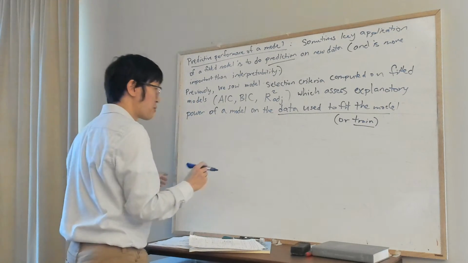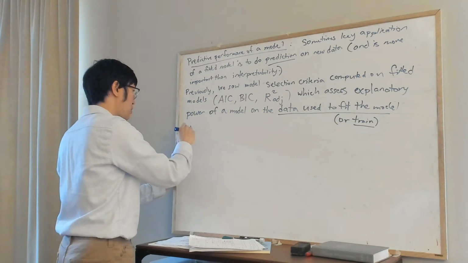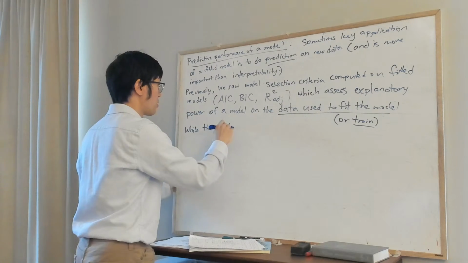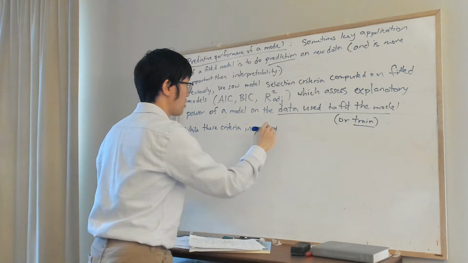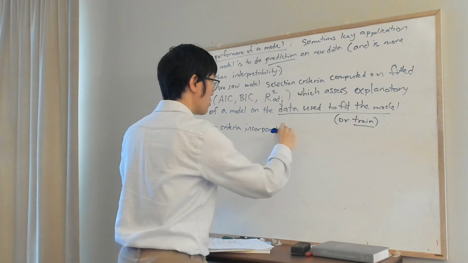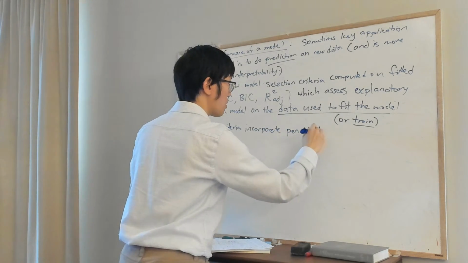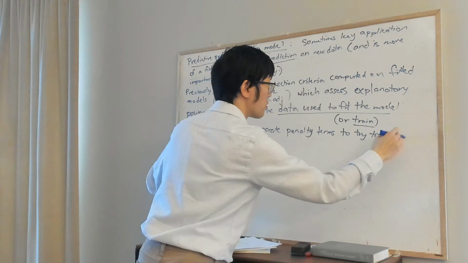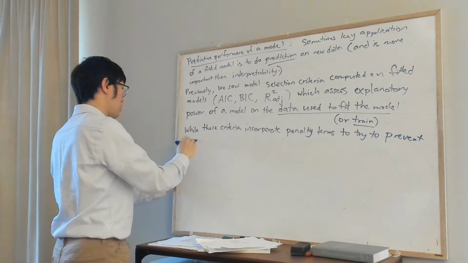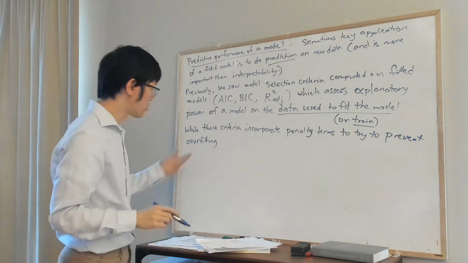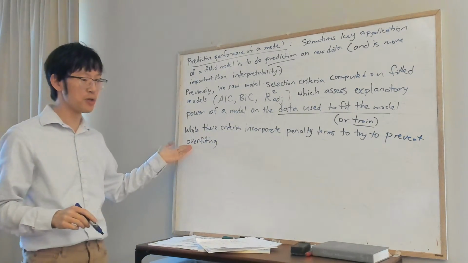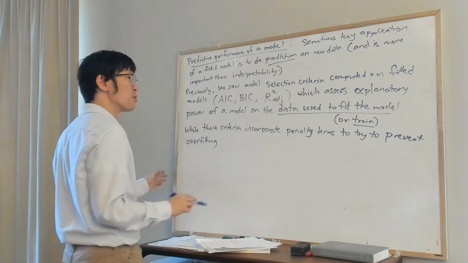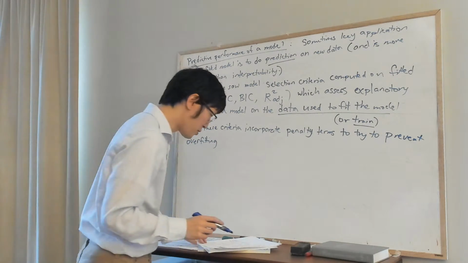These criteria incorporate penalty terms to try to prevent overfitting, and they're also based on the principle that we generally prefer simpler explanations for the data if possible. Remember we mentioned Occam's razor.